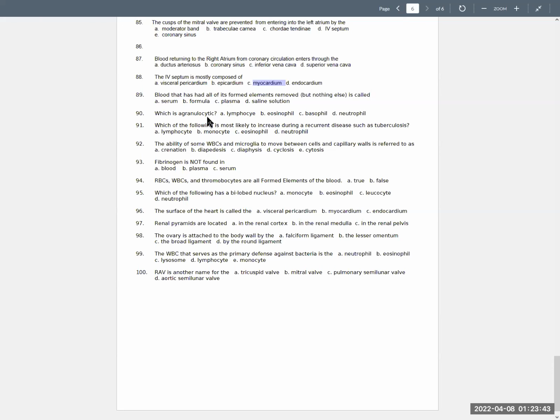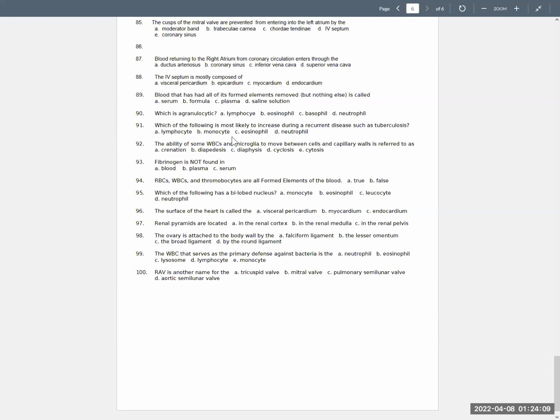Which is agranulocytic? Lymphocyte. The lymphocyte. The granulocytes all end in -phil. The agranulocytes don't have that ending. They are the monocyte or the lymphocyte.